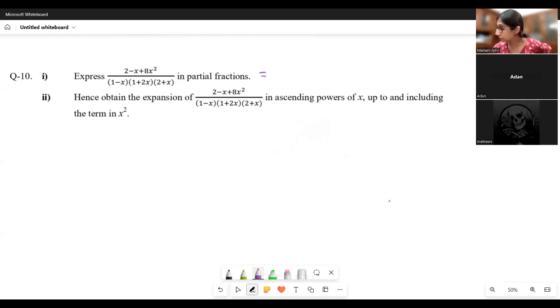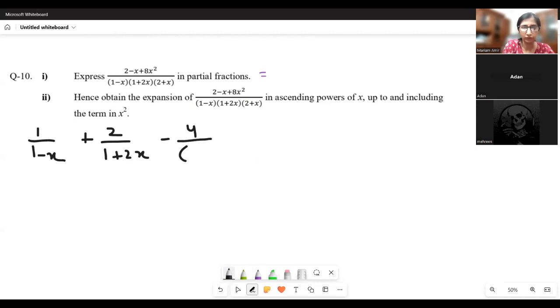So in partial fractions, we get 1 over 1 minus x, plus 2 over 1 plus 2x, and then minus 4 over 2 plus x.